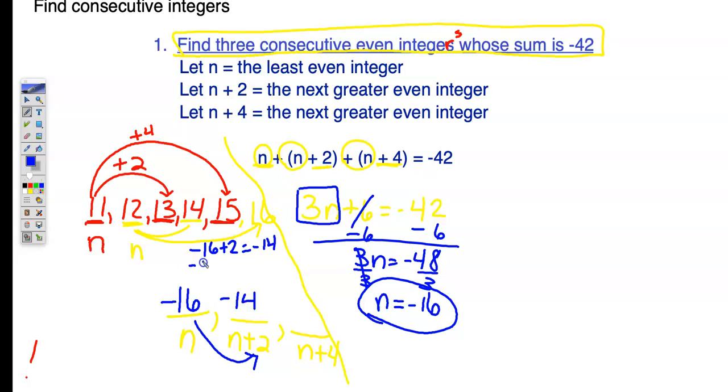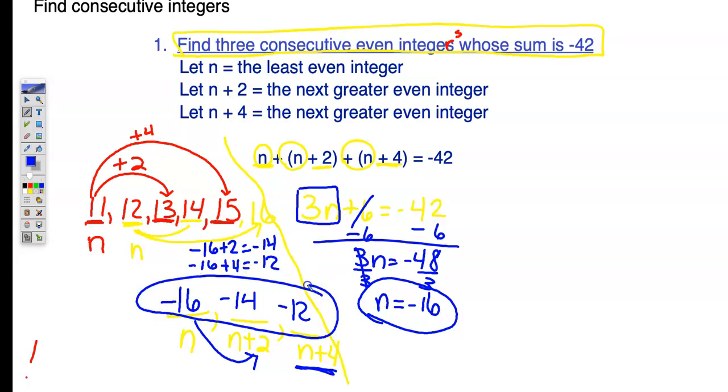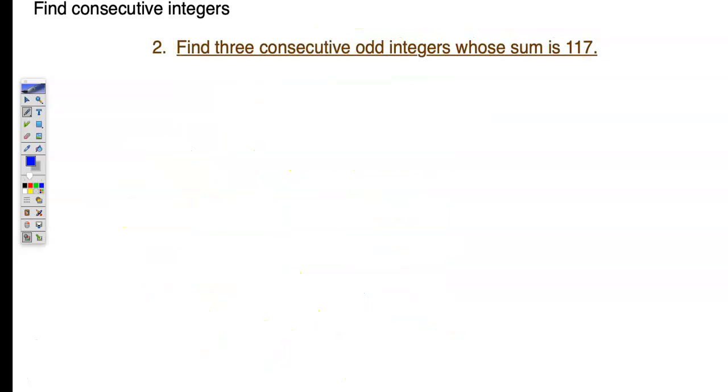And then if we take negative 16 and add 4 to that, we get negative 12. So there are our 3 consecutive even integers. Even though they're negative, they're still considered even numbers. Okay, so let's move on.